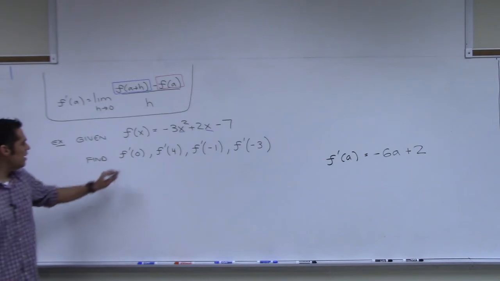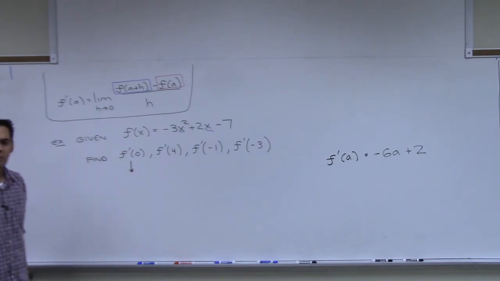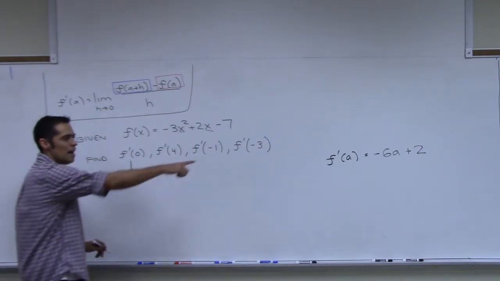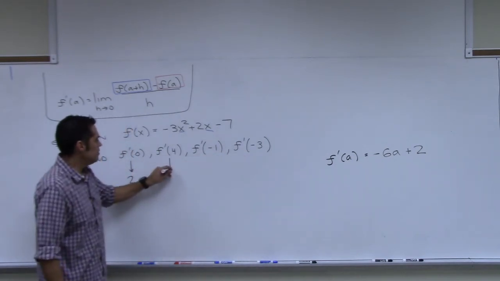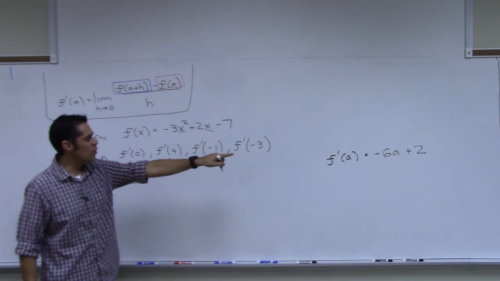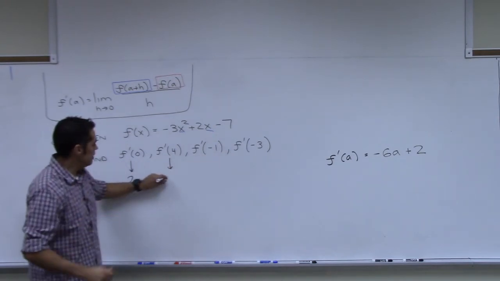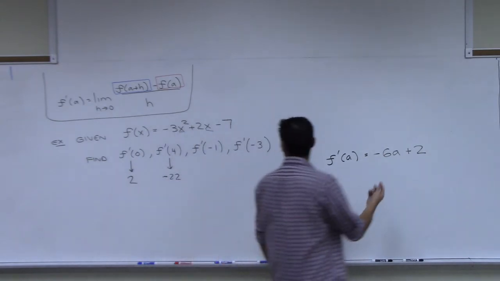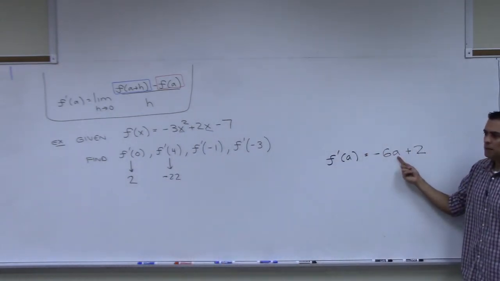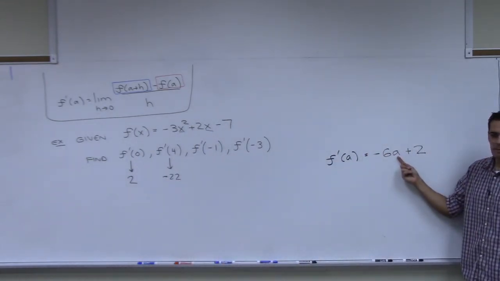Now we still need to answer the questions. So what's f prime of 0? 2. So all you're doing is going to that formula and replacing a with 0. This one, replace a with 4 over there. What do you get? Negative 22. Here, be careful. If you replace a with negative 1, you get what?